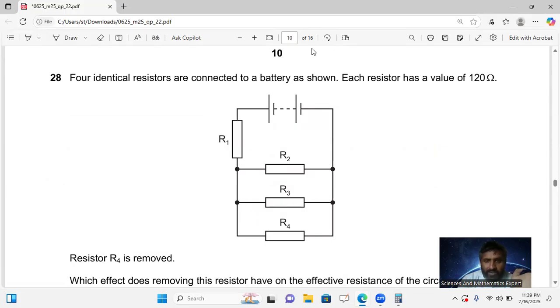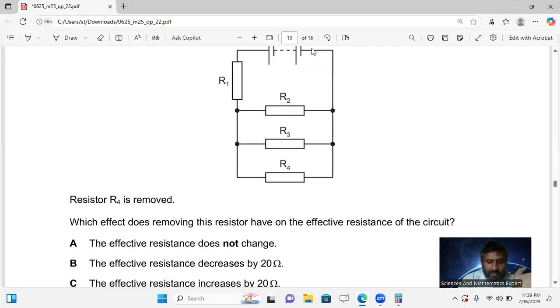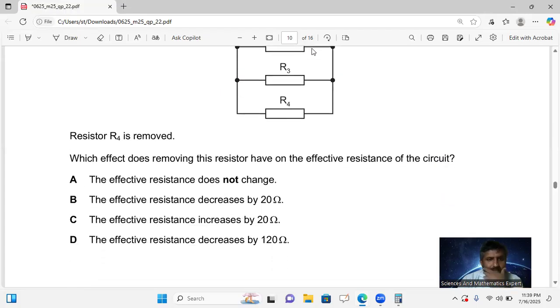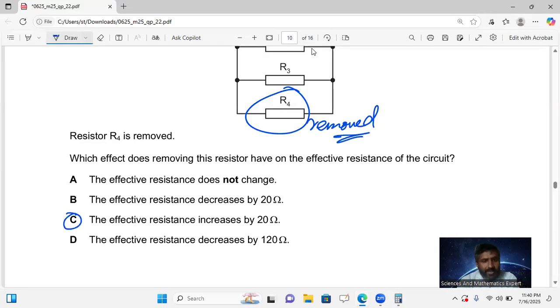When they are connected with only two in parallel, the parallel resistance increases. So the effective resistance does not change? No. Decreases by 20 ohm? No. The effective resistance increases by 20 ohm. Yes, it increases because this one is removed and the remaining one is going to increase the effect.